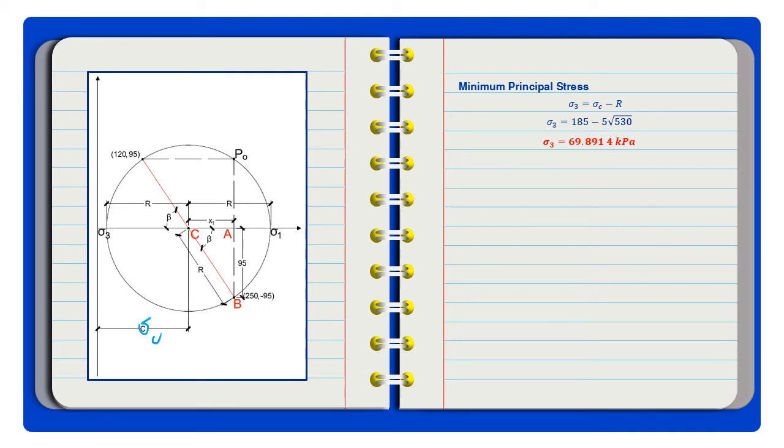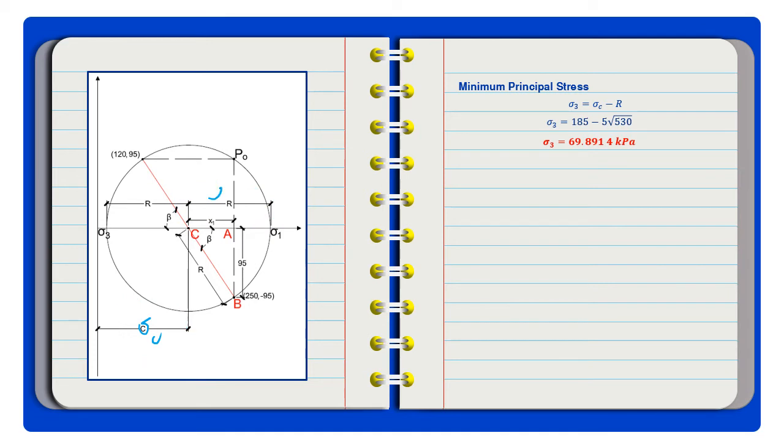Then, the next one will be to determine the maximum principal stress. So ang point where it is maximum on the sigma or yung circle natin maximum on the sigma axis is ito. So, it is at the right of our center. So, to determine the value of the maximum principal stress, we need to add sigma c dun sa radius natin since that is to the right.